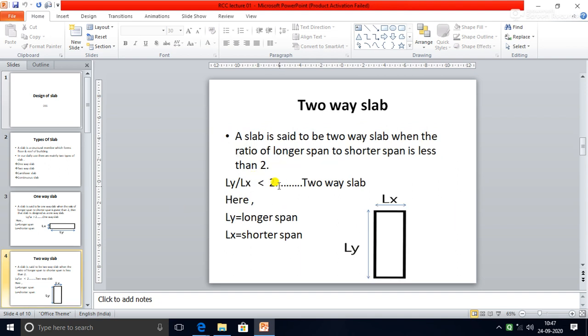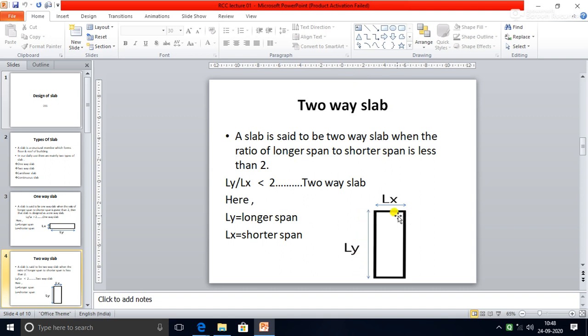Now, what is a two-way slab? As we know the one-way slab, now we have to know the two-way slab. A slab is said to be a two-way slab when the ratio of longer span to shorter span is less than 2. Again, see here, the longer span is always denoted by Ly and the shorter span by Lx.